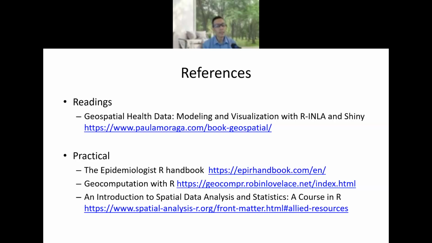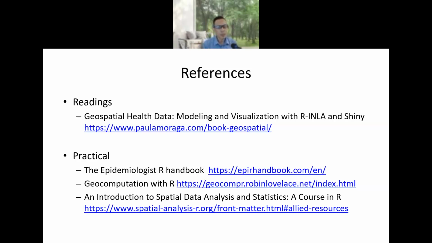And Robin Lovelace also has a wonderful book, Geocomputation with R. I think Robin Lovelace is more about doing mapping, but Paula is more about analysis. So Paula's book is more applied. Robin Lovelace's book is more of a mapping kind of book.